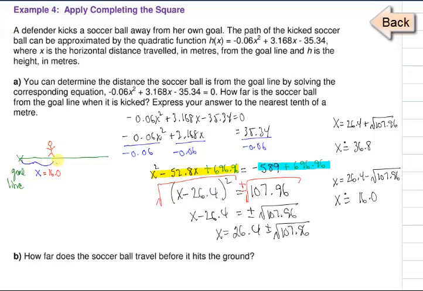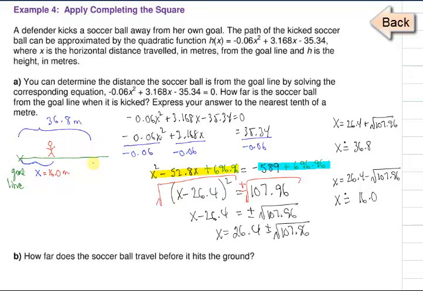And the next value would be 36.8 meters. So the 16.0 meters is where the ball is initially kicked, and the 36.8 meters represents where the ball is going to hit the ground, how far that will be away from the goal line.